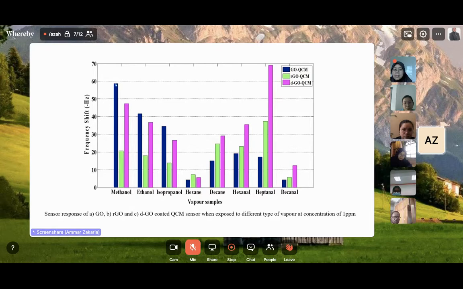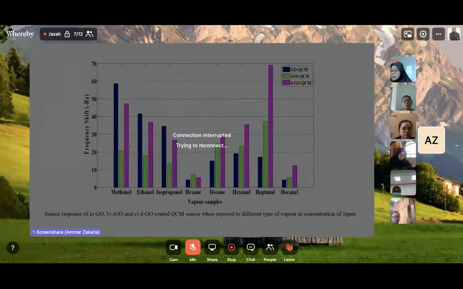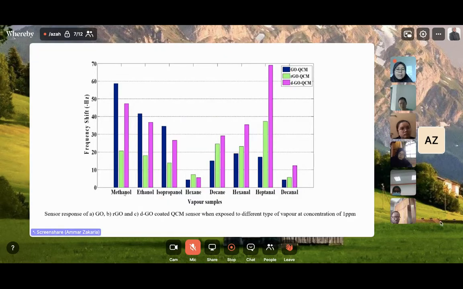When your sensors give this kind of pattern, high, low, and high. Of course, ethanol and isopropanol have the same trend, right? So it's going to be quite tricky to differentiate between these three, right? So from this result, you might need a different sensor as well to support the evidence.